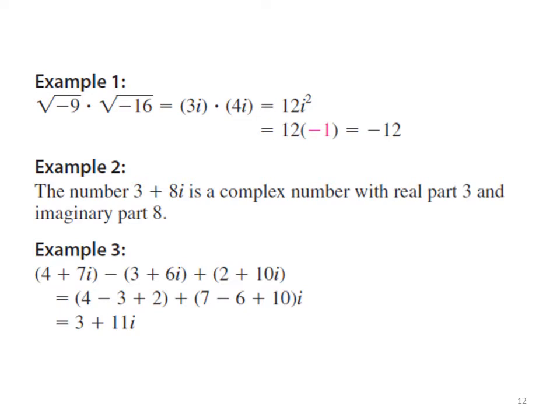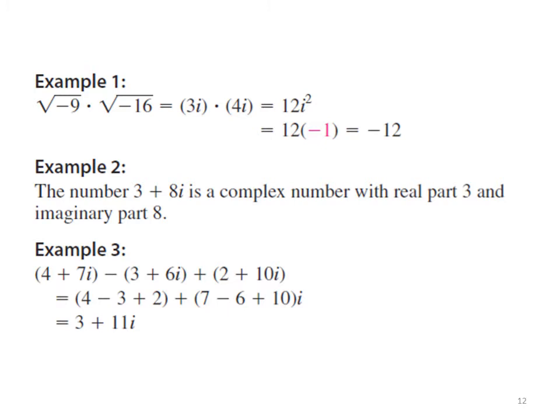For example, the square root of -9 times the square root of -16. We can write this number as follows. The square root of -9 is the same as i times the square root of 9, so you can write it as 3i. The square root of -16 is just i times the square root of 16, so it's just 4i.